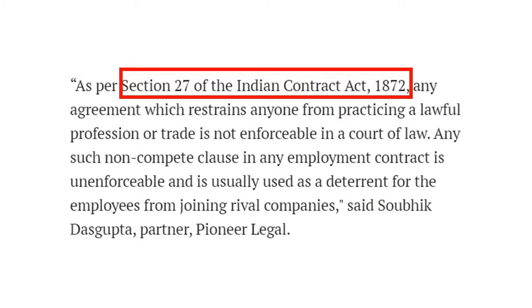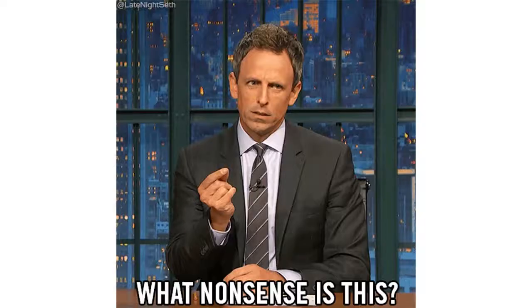The reason it cannot hold up in courts is because there is Section 27 of the Indian Contract Act, which says that you cannot enforce non-compete agreements in India. It's totally banned. Whether it's the US or India, you cannot enforce non-compete agreements. So clearly, when companies ask you to sign it, it makes zero sense, because it is just not okay as per the courts and the legal system.